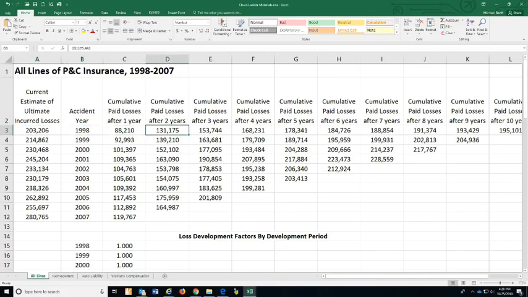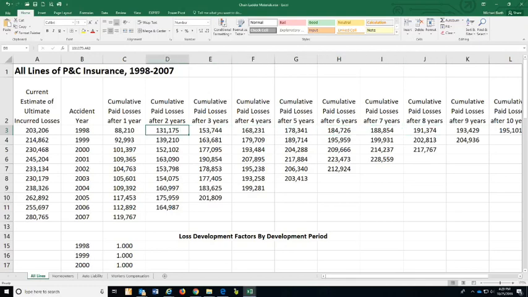As you go across, you see the numbers going up. That's as a claim is paid, then those claim payments get put into the aggregate for paid claims for accident year 1998. Now, this is all insurance companies reporting to the National Association of Insurance Commissioners, which makes it pretty much all insurance in the U.S.